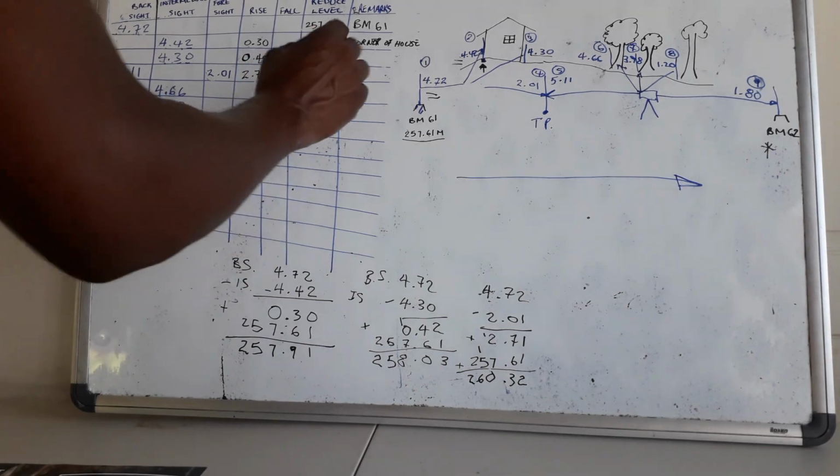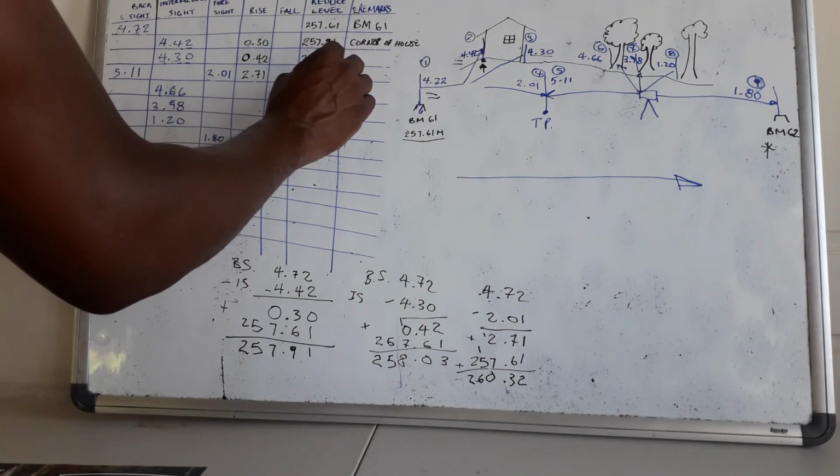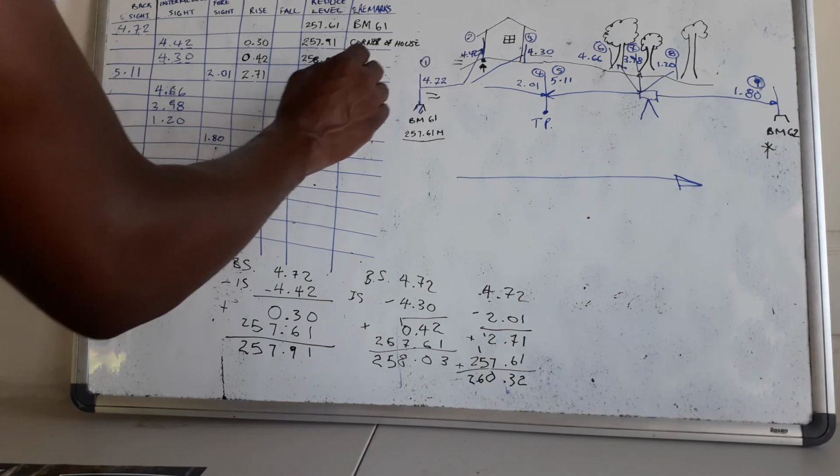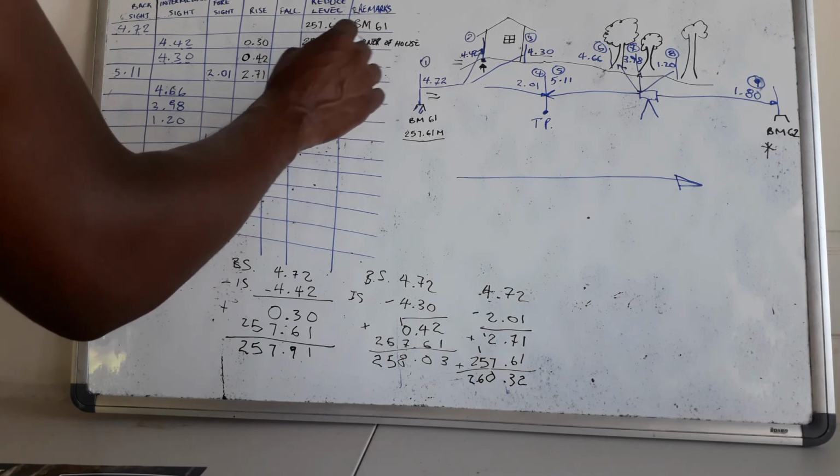All right, so we can put in our remarks column here that this is our turning point, the reduced level that we have calculated.